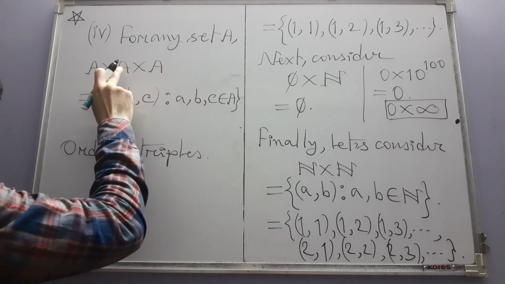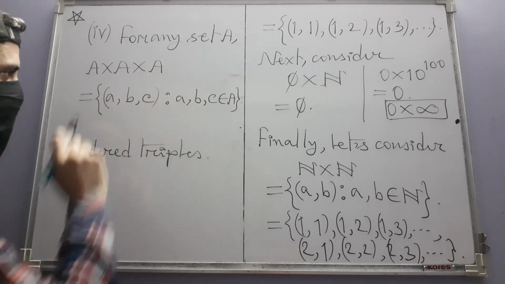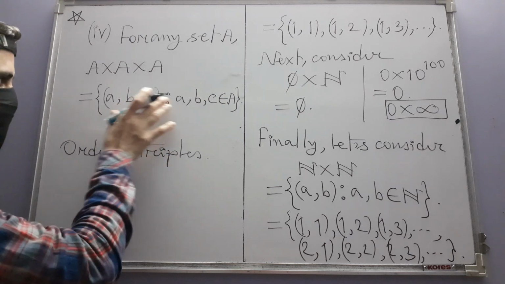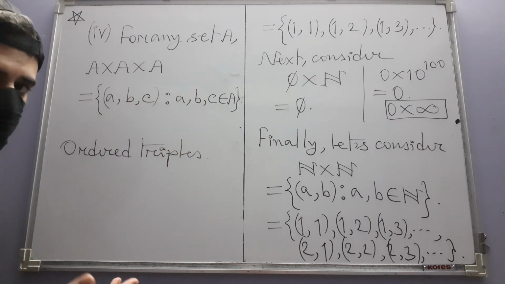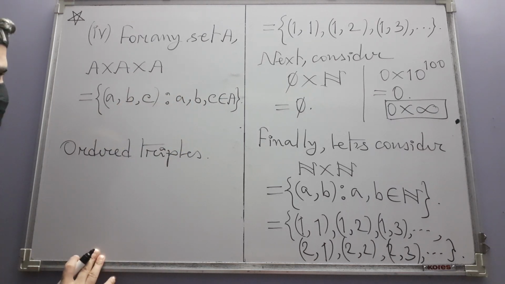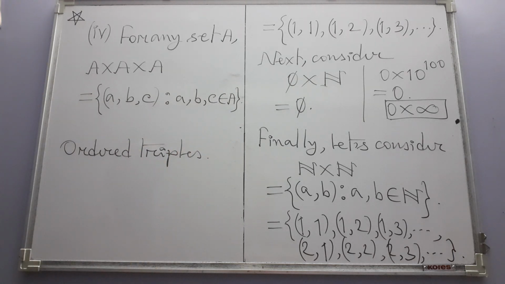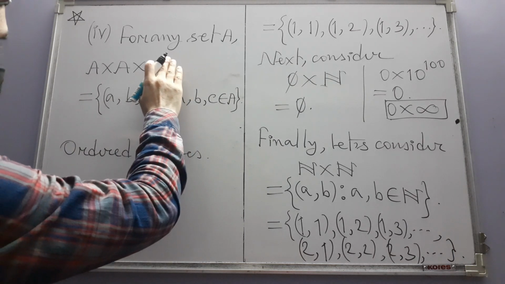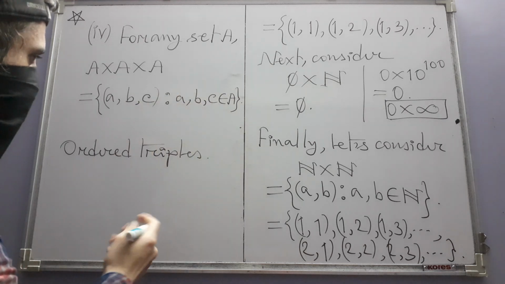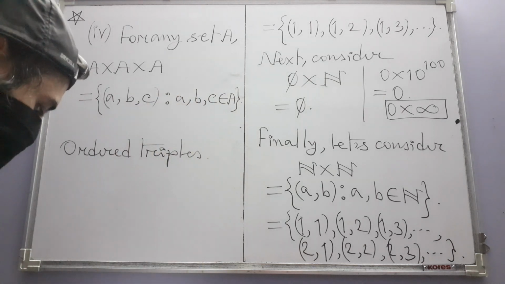You can have another set B here and another set C here, and accordingly the definition will also have to be written. But anyway, out of nowhere, the authors have decided to talk about this. So what can you do?